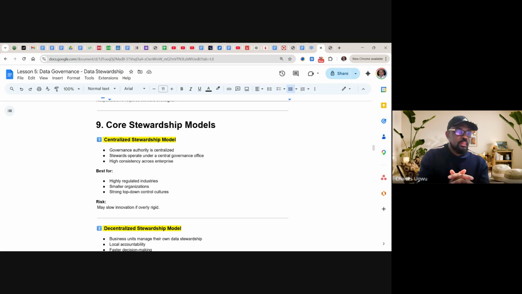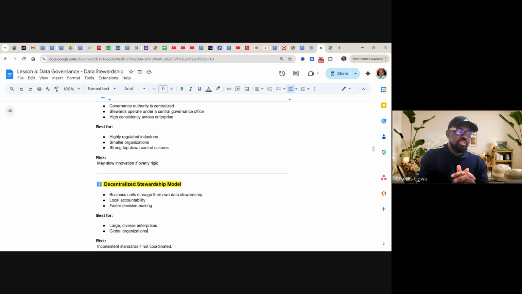The risk is that it may slow innovation if overly rigid. So it's mainly centralized. Many portals now are centralized. For instance, the national ID in this country is centralized from one single source. So we have decentralized.